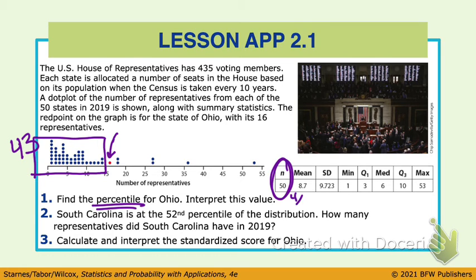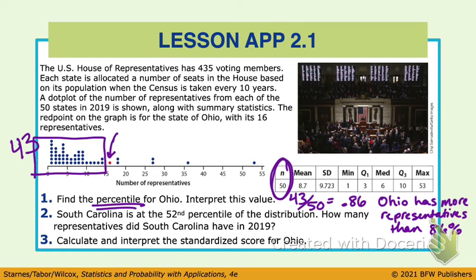So 43 out of 50 is 0.86. So that means that Ohio has more representatives than 86% of all states. So that is what that percentile means.